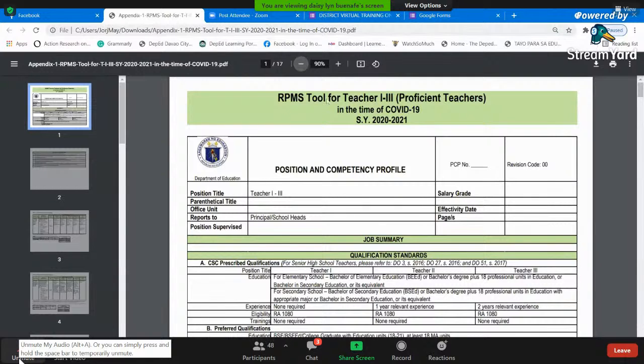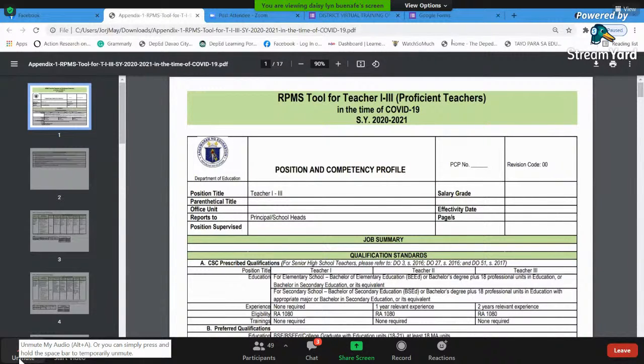Okay, so this time, I would like to review first our RPMS tool for teacher 1 to 3, the proficient teachers in the time of COVID-19 for the school year 2020-21.